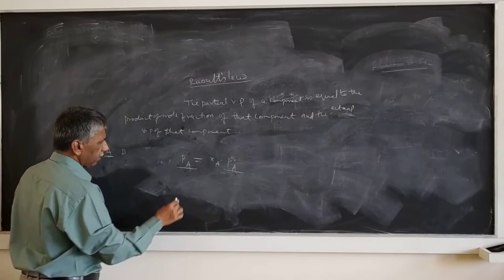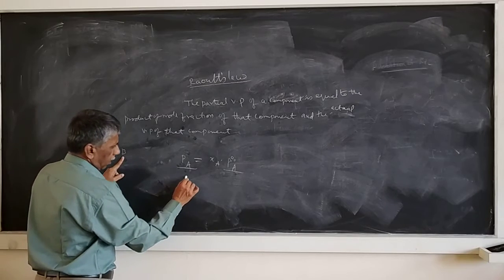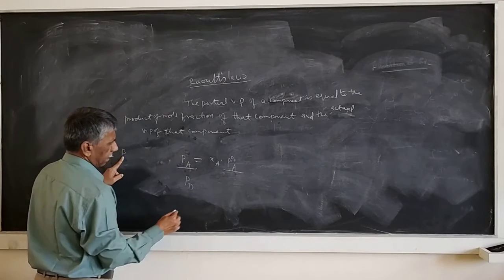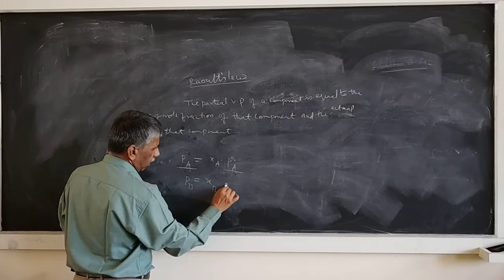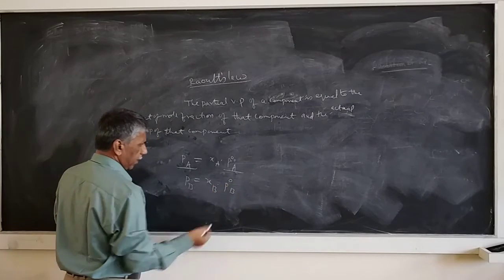Similarly, for component B, the partial vapor pressure of B is equal to the mole fraction of B into the actual vapor pressure of component B.